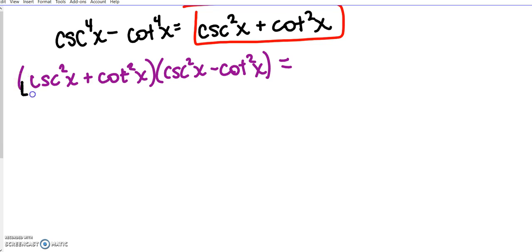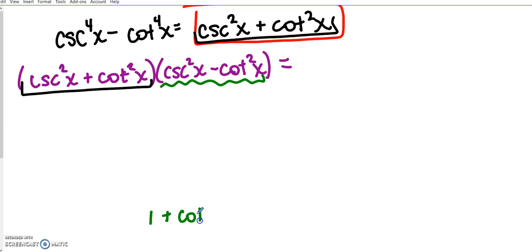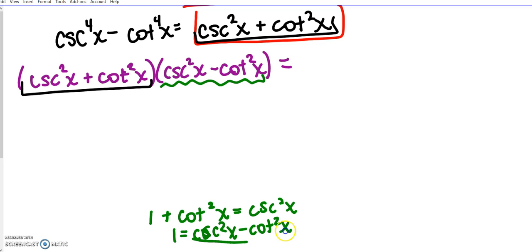Well, now here's what I want to solve for, right? That's what's on my right side that I'm trying to prove, which means that I should be able to look at this one, and I have a Pythagorean identity that says 1 plus cotangent squared of x is equal to cosecant squared of x, which means that if I move that cotangent squared to the other side, this whole identity right here, the part that's underlined in green, is really the same thing as 1.